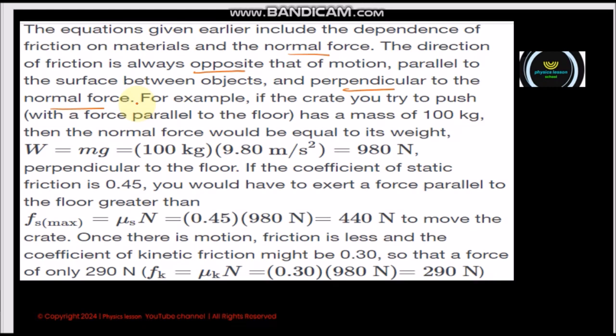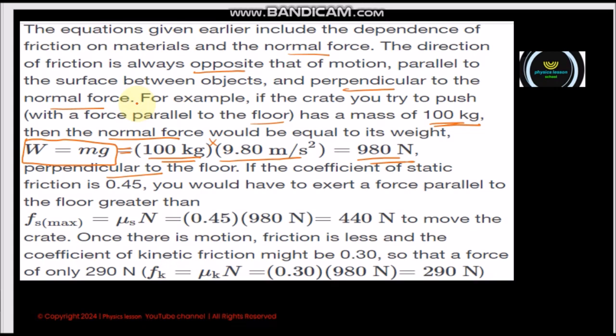For example, if the crate you try to push, with a force parallel to the floor, has a mass of 100 kilograms, then the normal force would be equal to its weight, W equals mg equals 100 kilograms times 9.80 meters per second squared, equals 980 N, perpendicular to the floor.